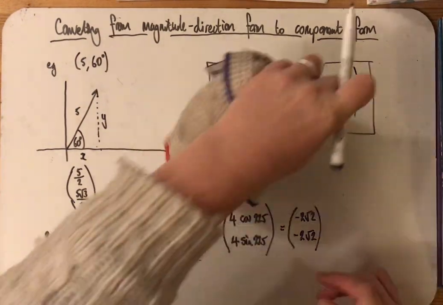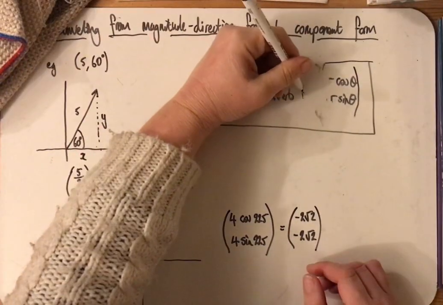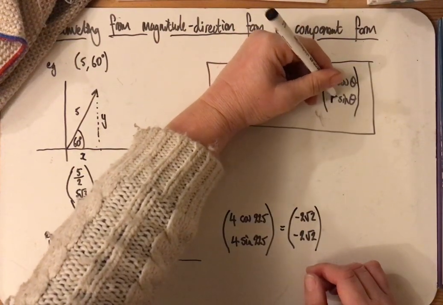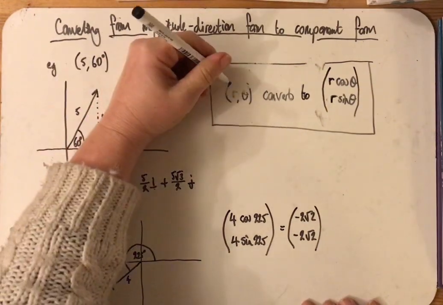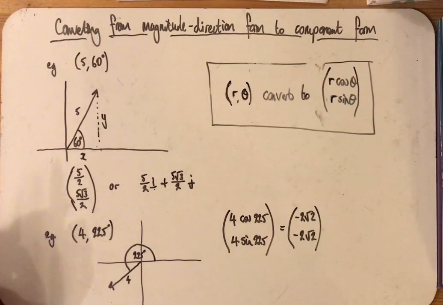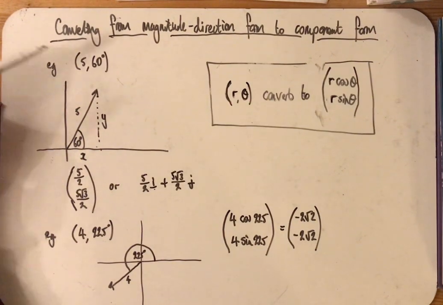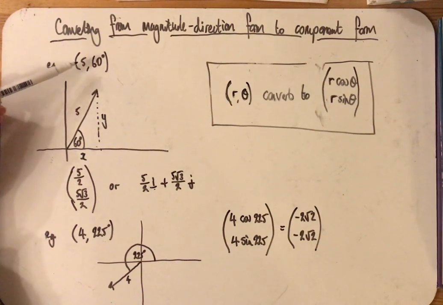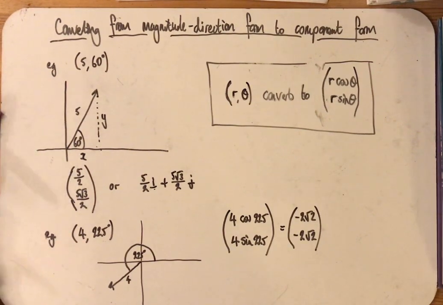Sorry, it doesn't look how I want it to look. So r cos theta, r sine theta. It was really easy to see on this example: r cos 60 gave us 5 over 2, and r sine of 60 gave us this y length, which is 5 root 3 over 2. And it will work with all these negatives as well, so you don't have to worry about it. You can just use this conversion.